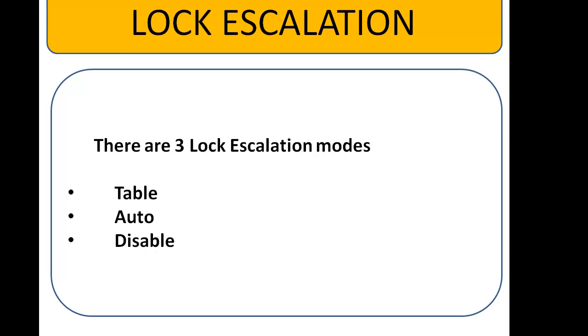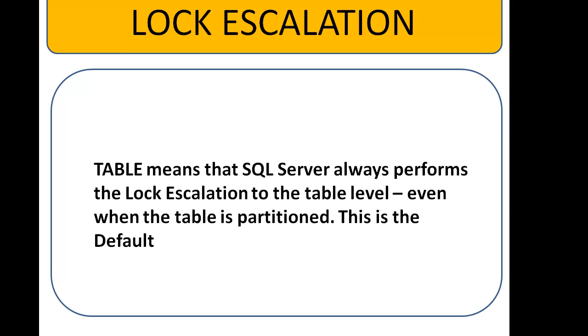So there are three lock escalation modes. First one is table, second one is auto, the third one is disable. The table escalation type means that SQL Server always performs the lock escalation to the table level, even when the table is partitioned.